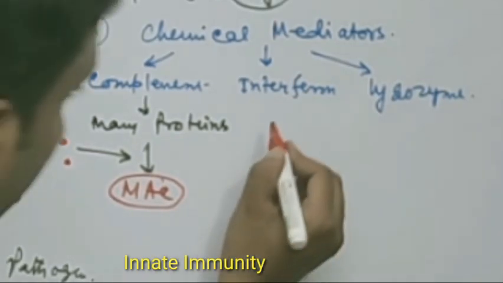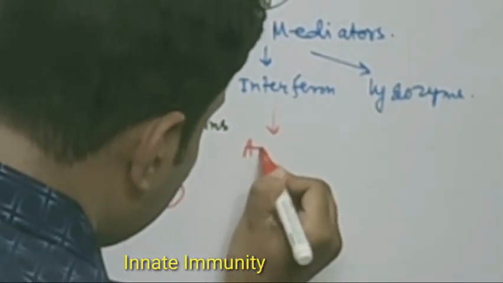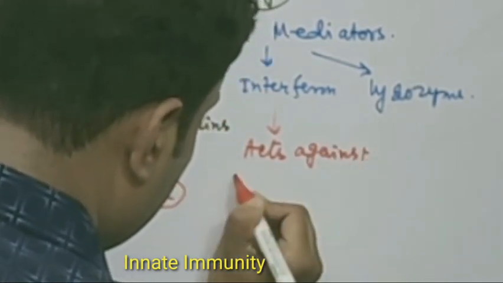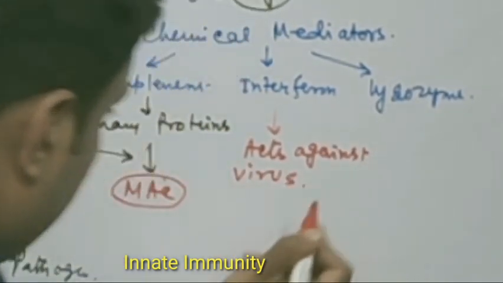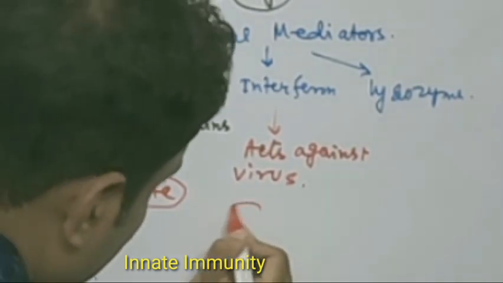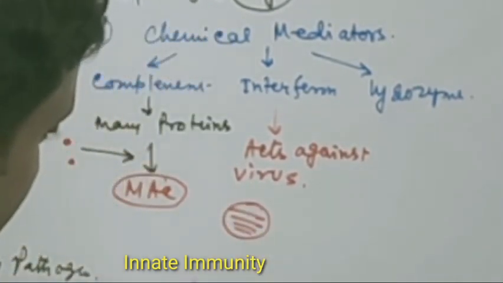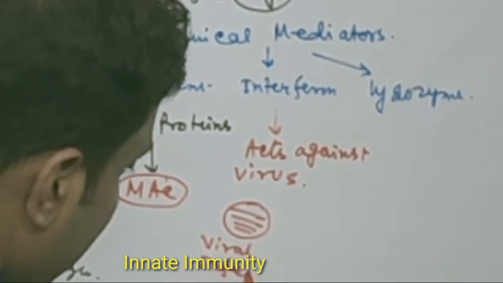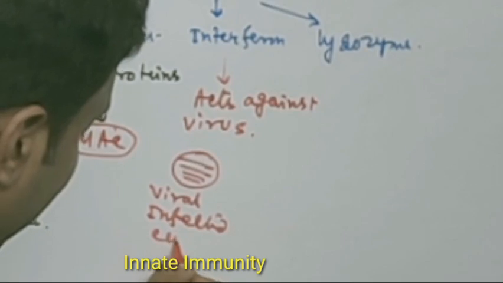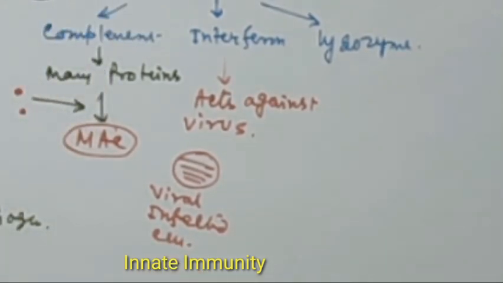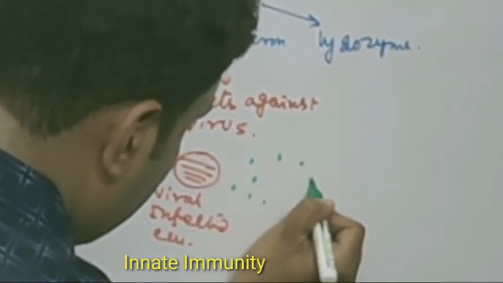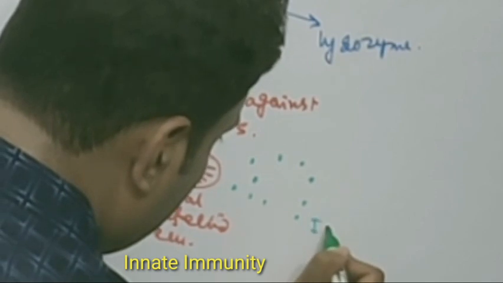And interferons are those chemicals which act against viruses. Suppose a cell becomes infected by a virus. This is a viral infected cell, and this viral infected cell will produce chemicals which are called interferon.